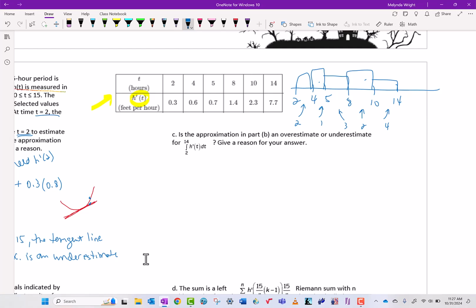Now it tells me to do a right Riemann sum, so I need to use the right sides of each of the little rectangles. I would use this side for the first rectangle and this side for the second one. This one for the third, this one for the fourth, and this one for the fifth. That's how I'm going to write up my Riemann sum. And if you recall, I have to write those numbers. I need the products and the sums.